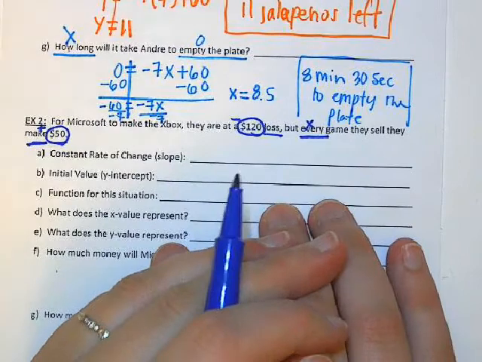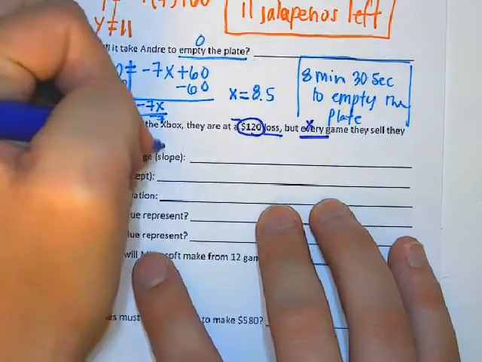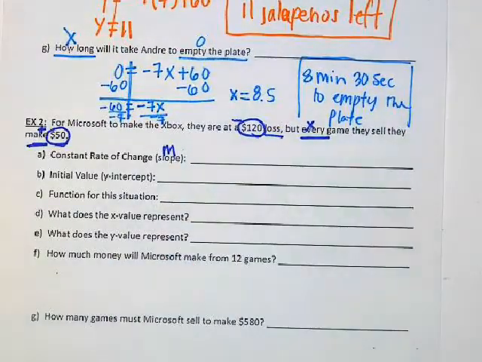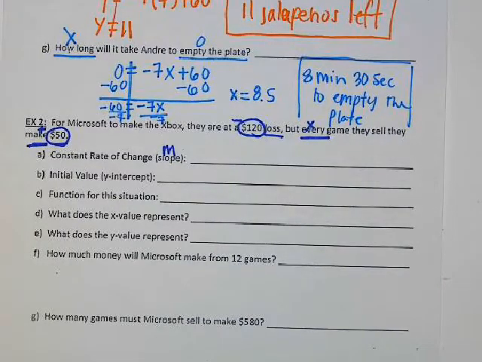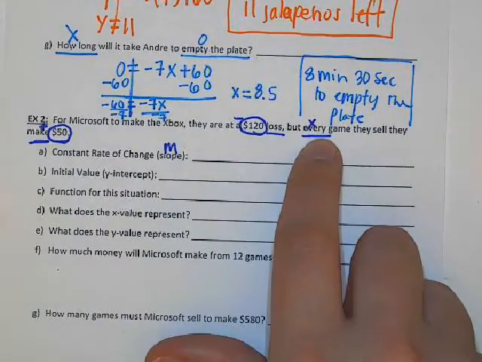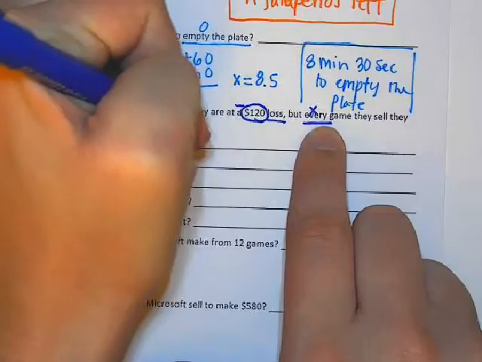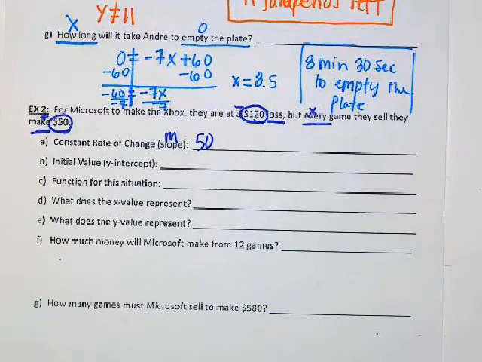Okay, constant rate of change. That's my slope, which is m. Okay, so y equals mx. M goes with x. What number goes with x? It's 120. No, it's 50. How much are they getting every game? $50. So my slope is 50 because it goes with the x.